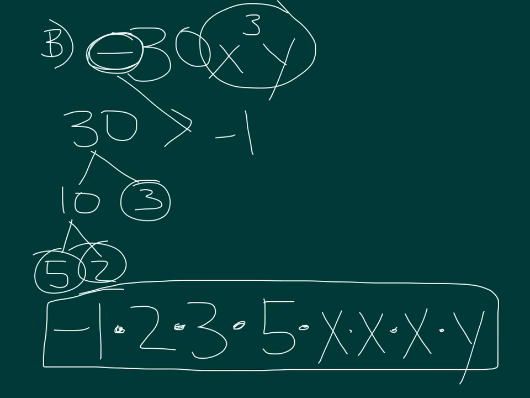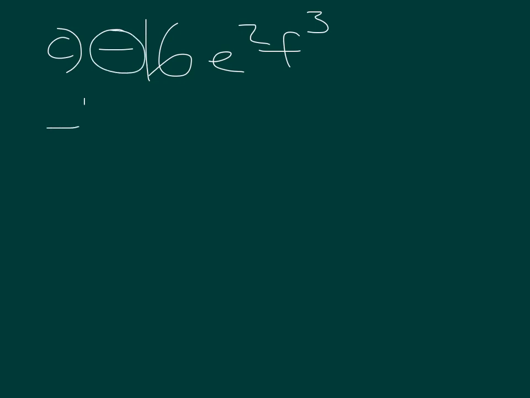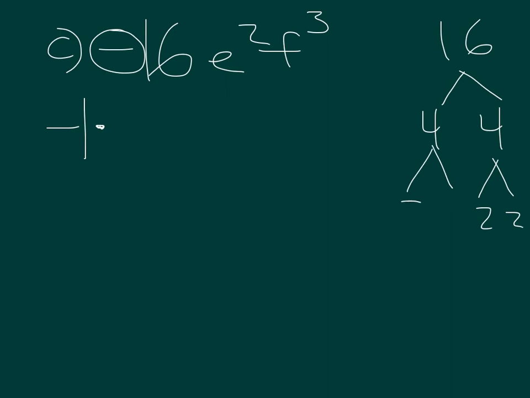Let's try another one. Example 3c, we have -16 e squared f to the third power. So first of all, you have a negative. So we've got -1 times something. So now we've got to do 16. We get 4 and 4, 2 and 2, 2 and 2.